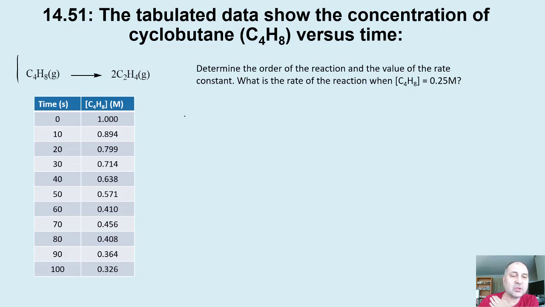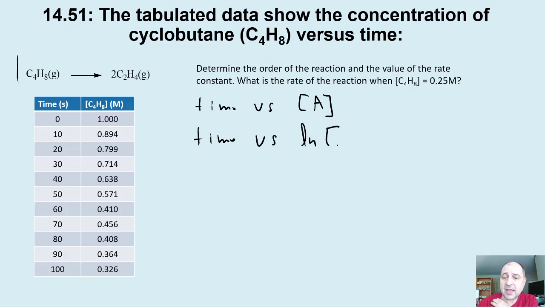So what you want to do is simply take this data and put it into Excel, and then plot time versus the concentration. If that's linear, it's zero order. If you plot time versus the natural log of A, and we can do all these calculations in Excel, you don't have to do that by hand.